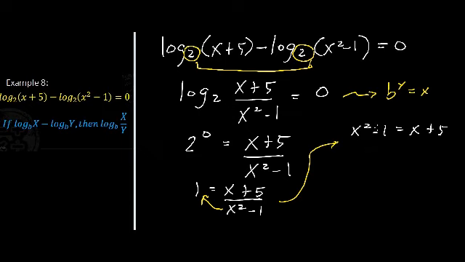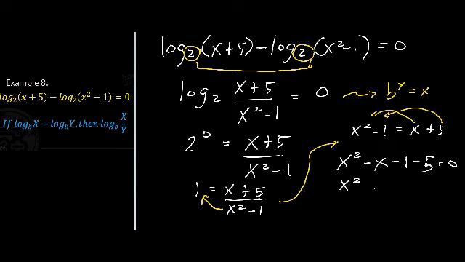So transposition method, so this is a quadratic equation. So we will transpose x and also 5. So that will be x squared minus x minus 1 minus 5 is equal to 0.